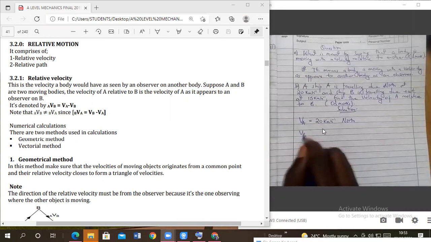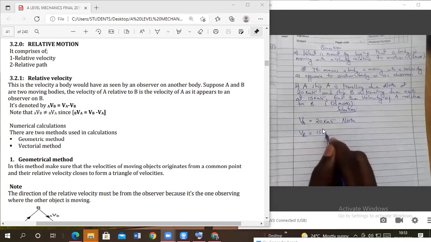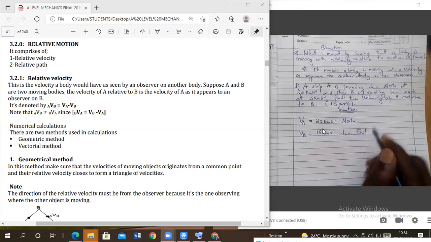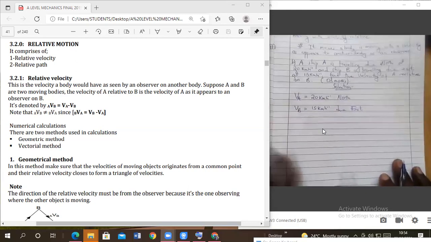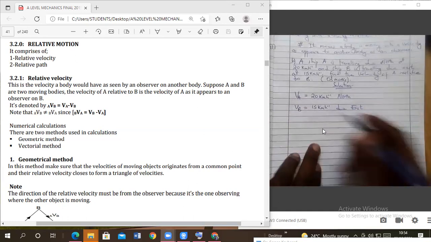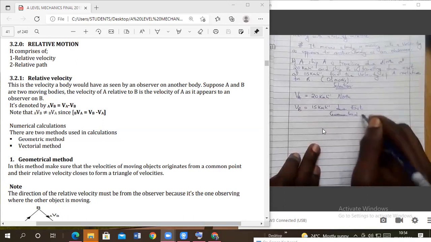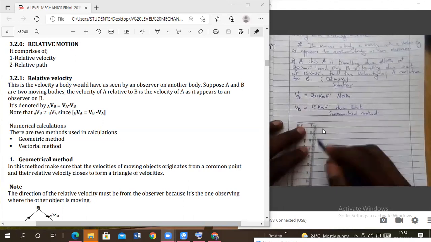Then VB was given to be 15 kilometers per hour, due east. Now they want us to find it. Which method should we use? Let's use geometrical analysis, or the component method. So let's sketch that.